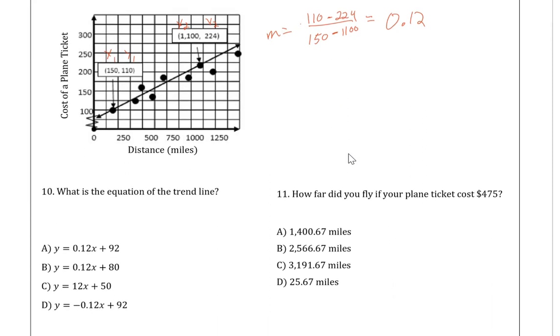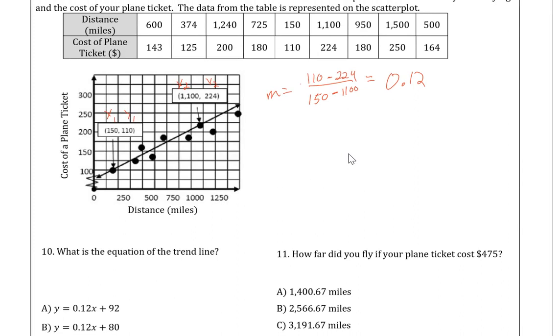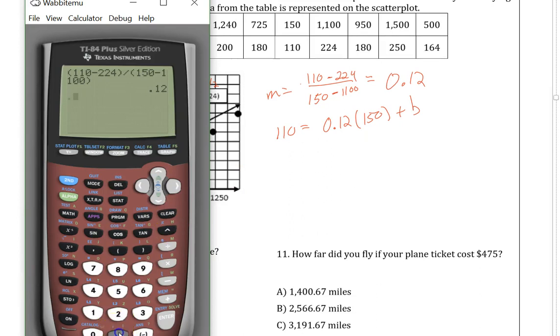All right, so I know it's definitely not C or D. Now I need to find that intercept, right? We talked about a variety of ways of doing this: plugging in and solving for B, or using point slope. I'm just going to go ahead and solve for B. So if I plug in 110 for my Y, 0.12 for my M, the X would be 150, and then solving for B, I do 0.12 times 150.